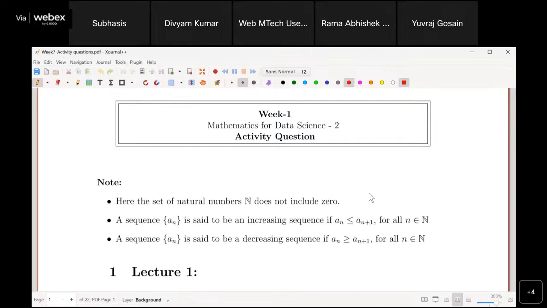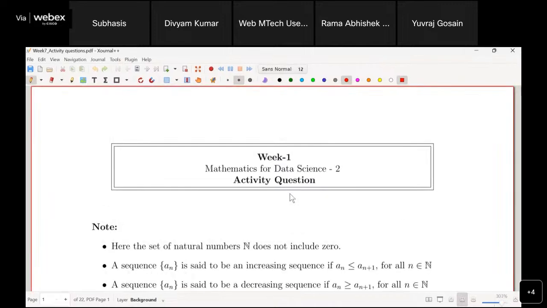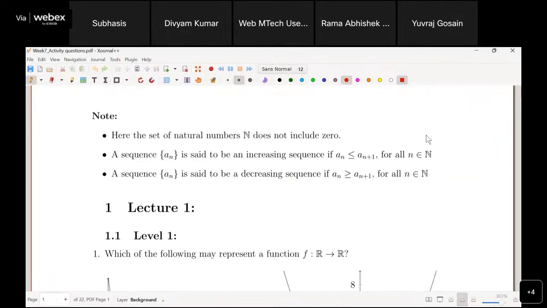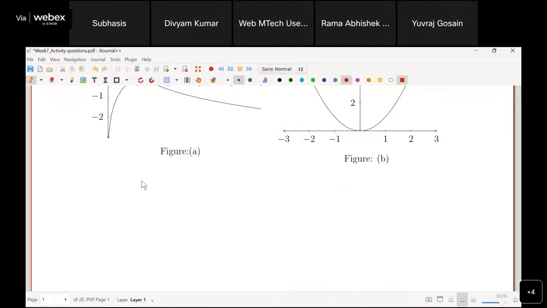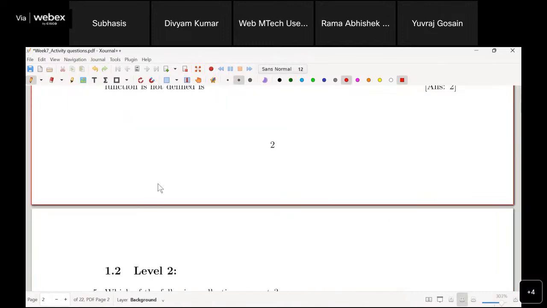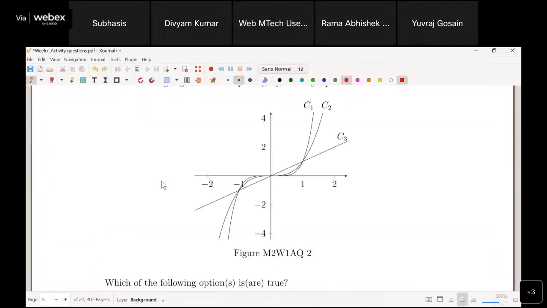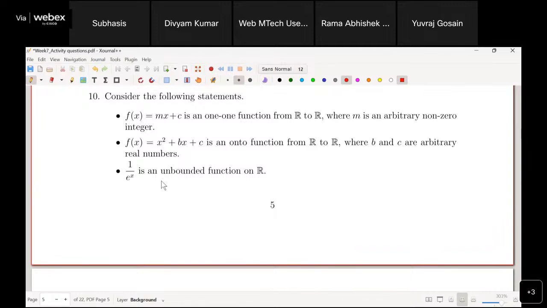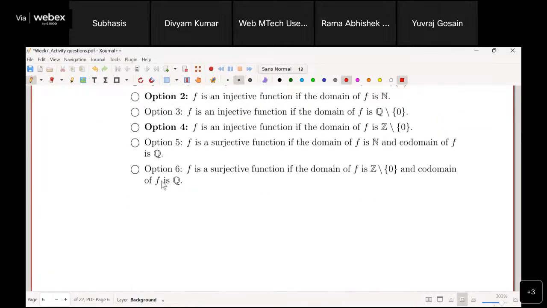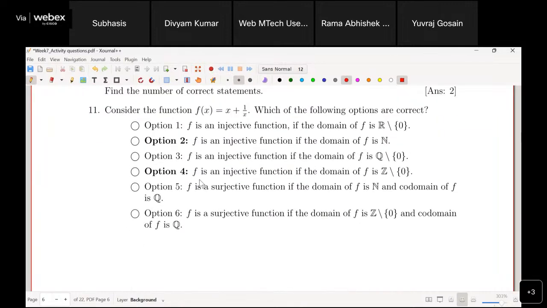So you can see my screen, right? Yes, sir. Okay, probably I'll come to this sequence part. Let me discuss a few sequence parts, and before going into the sequence, let me solve this particular question related to these functions.